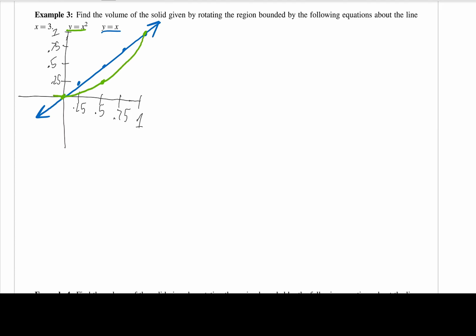So something like this, approximately. So then our region is in here. All right, and then to get an idea, this isn't exact at all, but this would be where we're rotating about, right? This line at x equals 3.